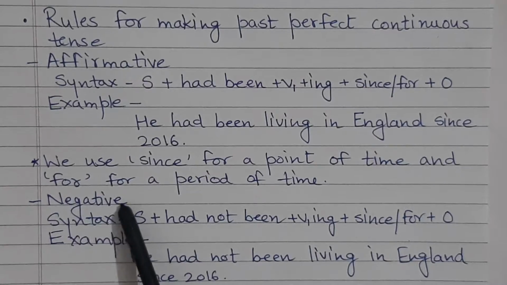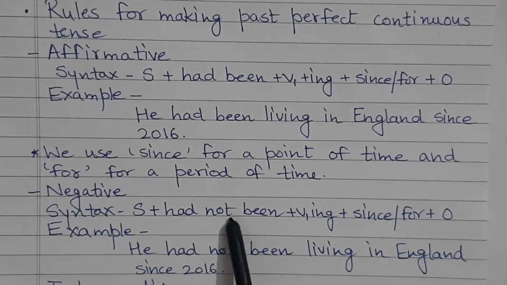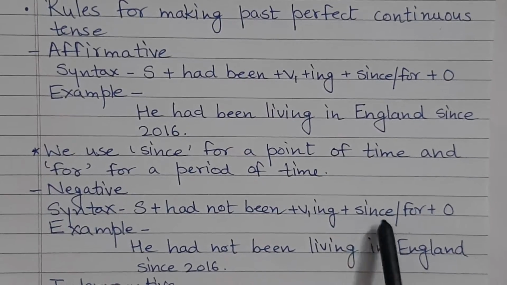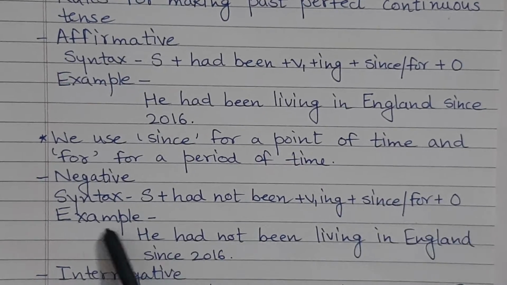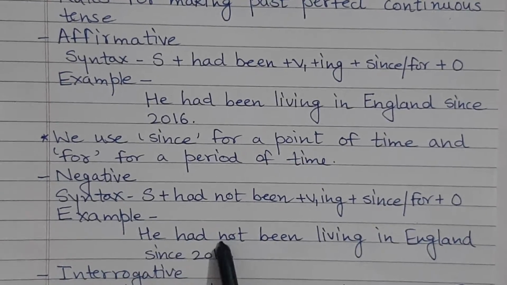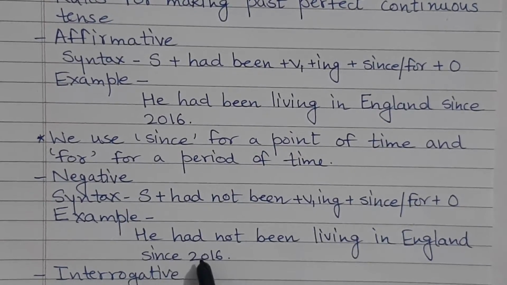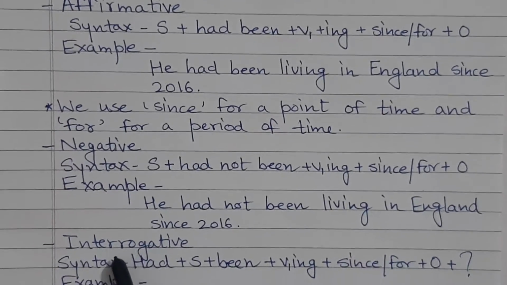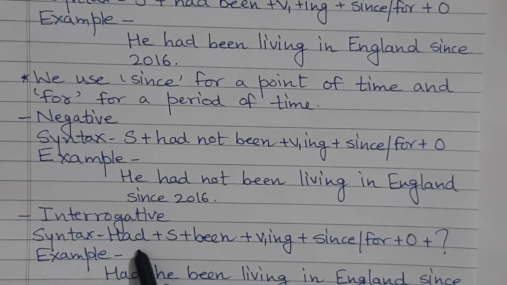Negative sentences. How to frame? Structure: subject plus had not been plus V1 ing plus since or for plus object. For example, he had not been living in England since 2016. And for interrogative sentences, we use had in the beginning.